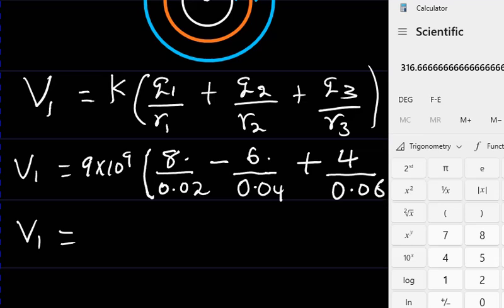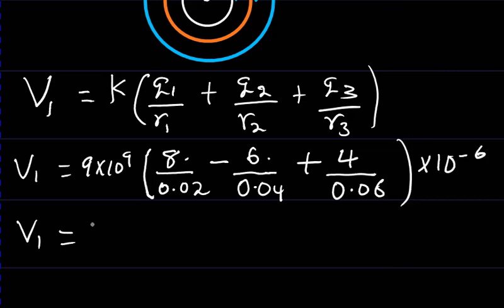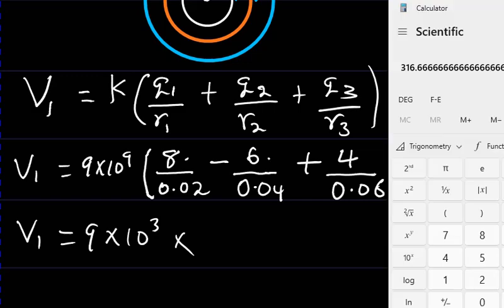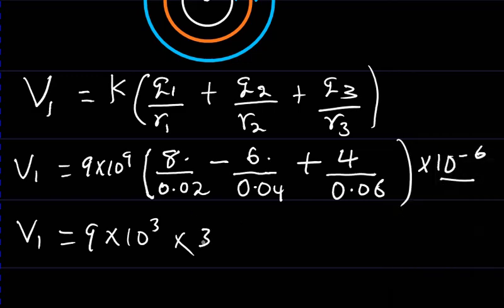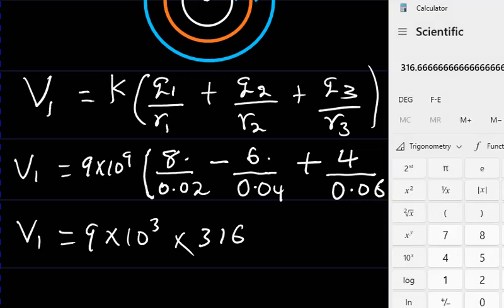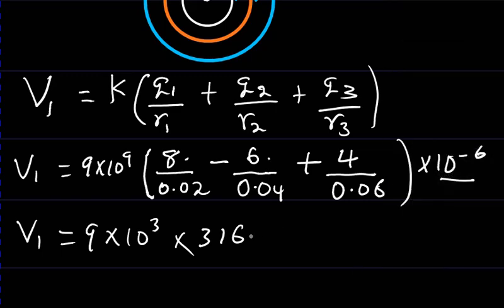So I have 9 times 10 raised to the power 9 times 10 raised to the power minus 6, that's 10 raised to the power of 3, then times what we've gotten here, 316.67.